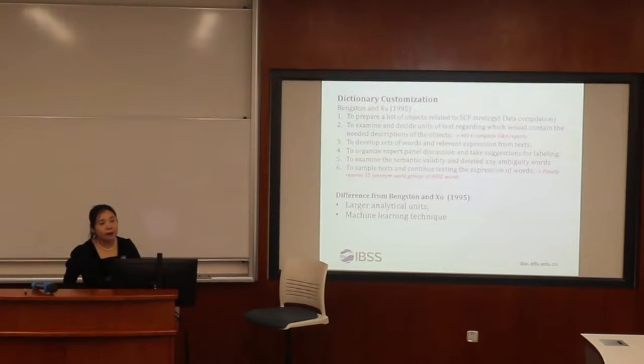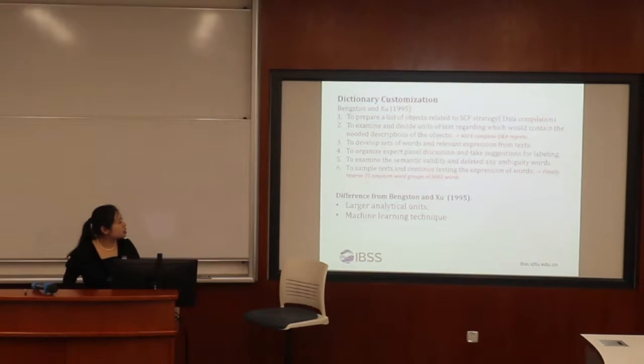And it can run many times because you need all these experts to get almost the same conclusion on the labels. Then you can connect it into the second step. So it's kind of a default method. Then we can get the sample text and continue to test the expression of words.